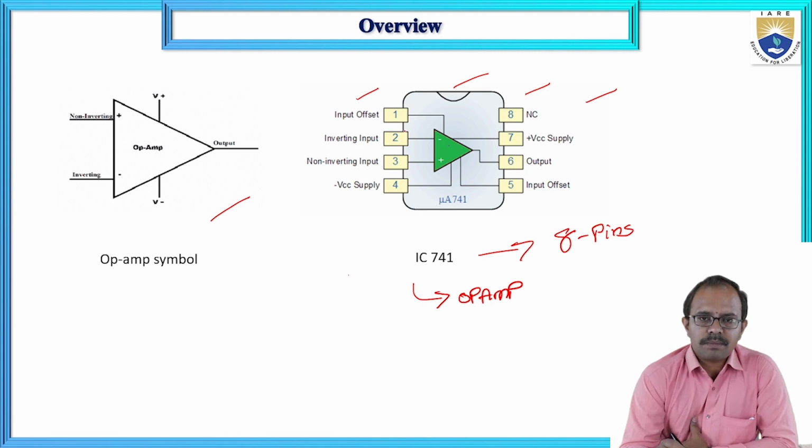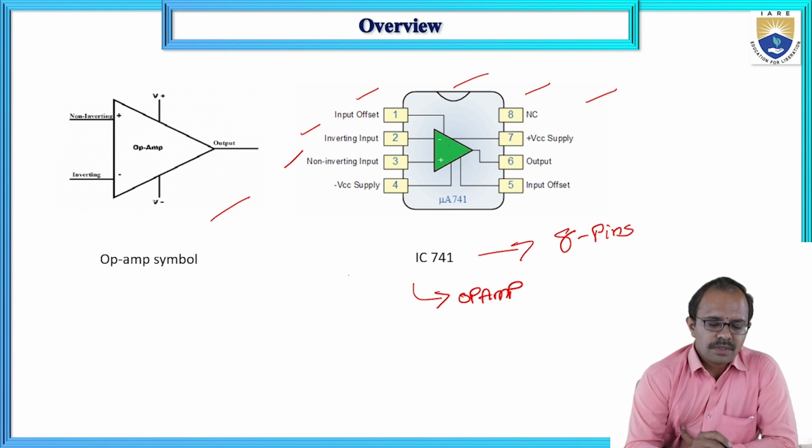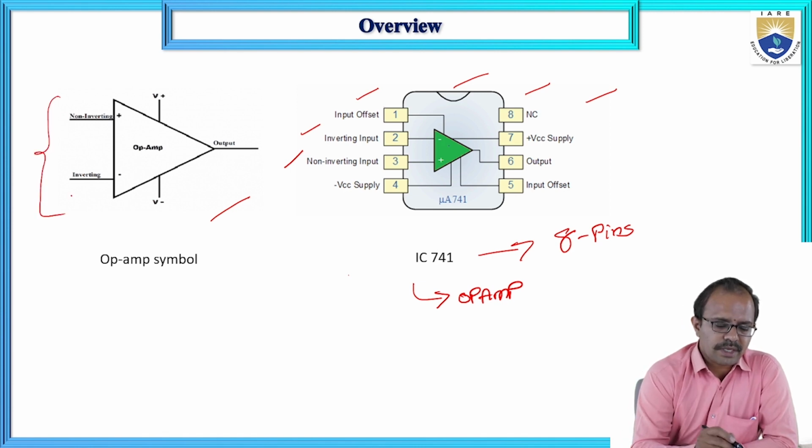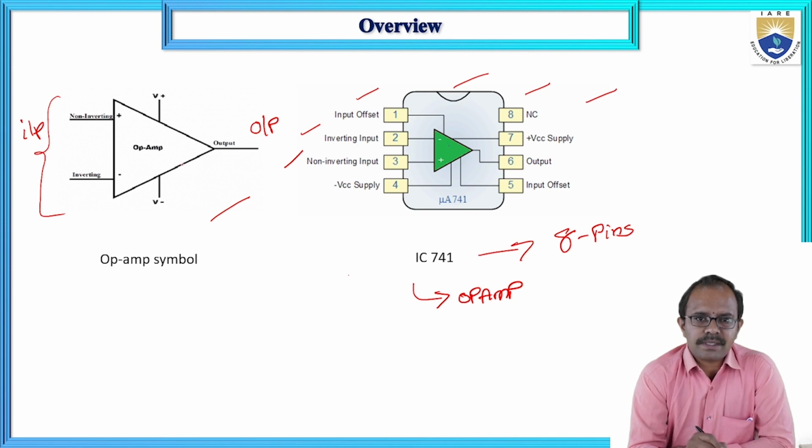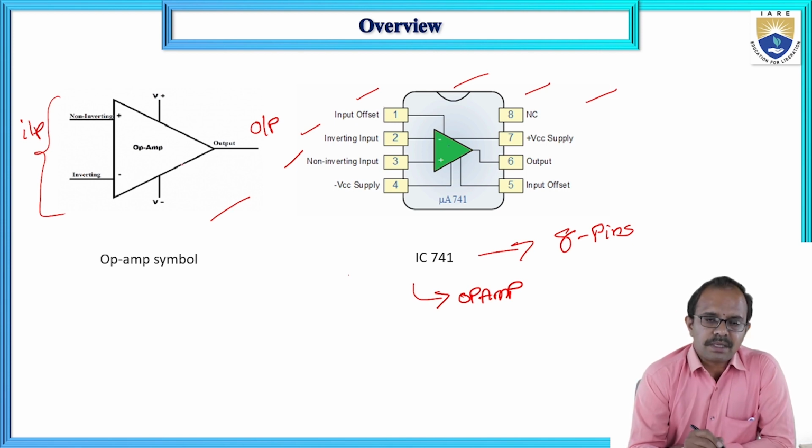Pin number 2 represents inverting input, and pin number 3 represents non-inverting input. If you look at the symbol for op amp, you may notice this is your input section, and this is the output.